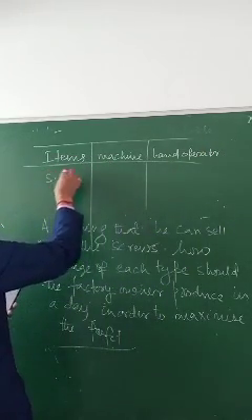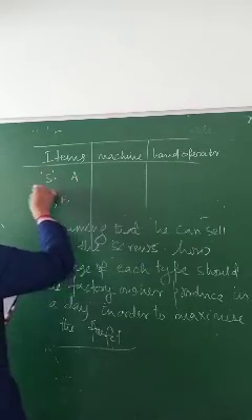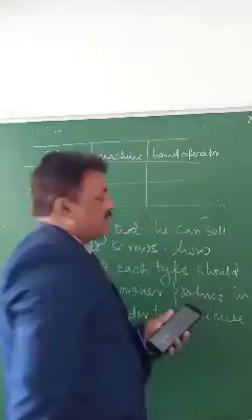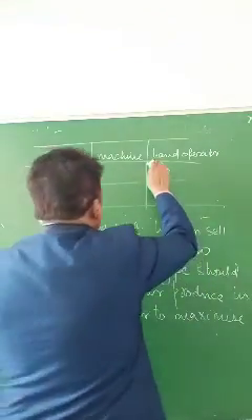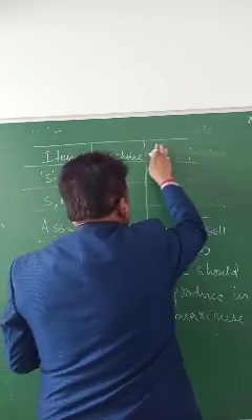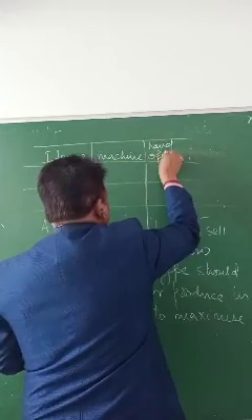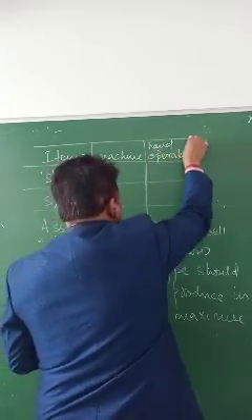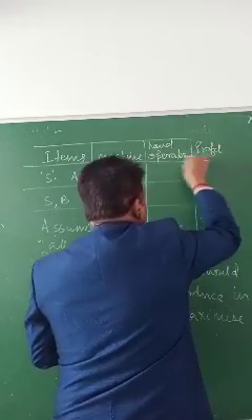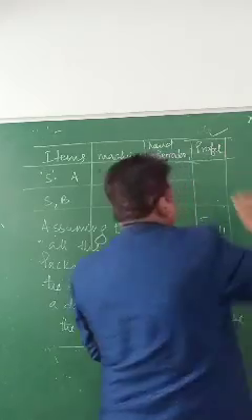Items: screw A, screw B, two types. Also there is one more thing: profit. That is important. Say carefully, the profit part.